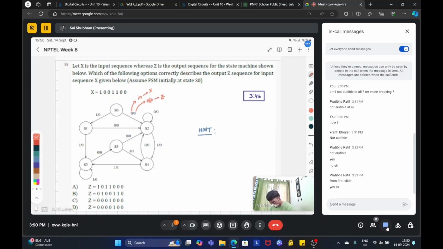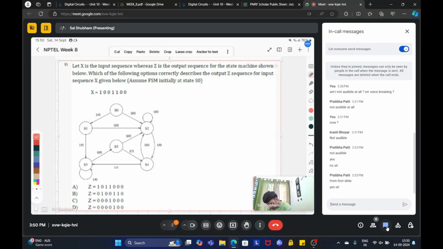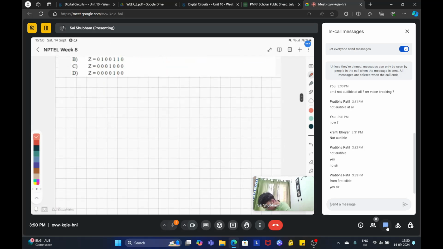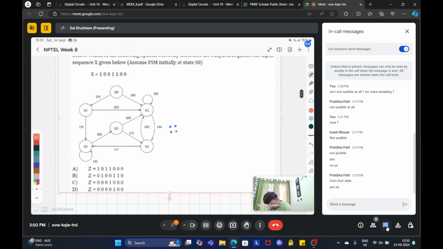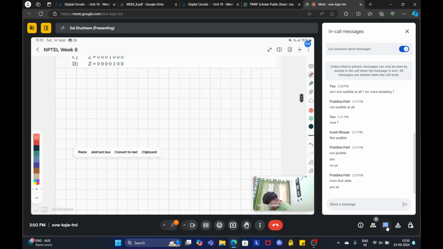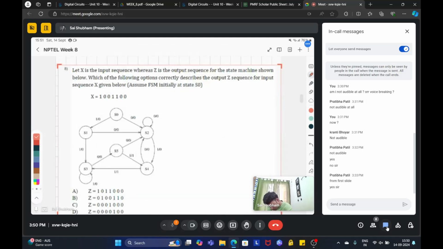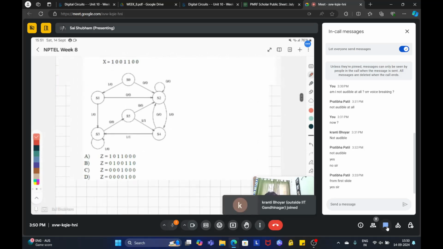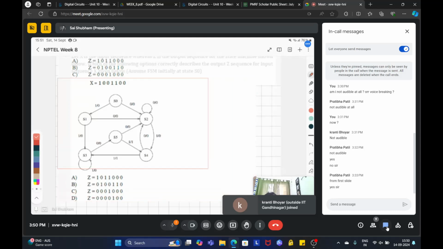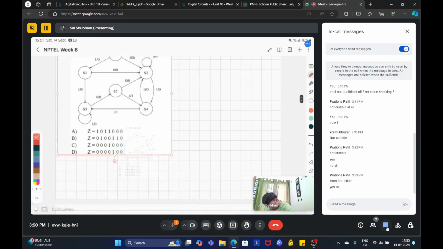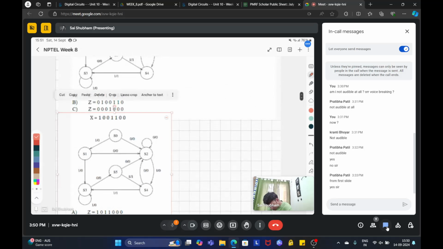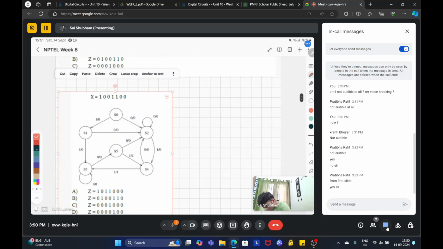So I will start explaining. So you are starting from S0 and the path is X equal to 1.